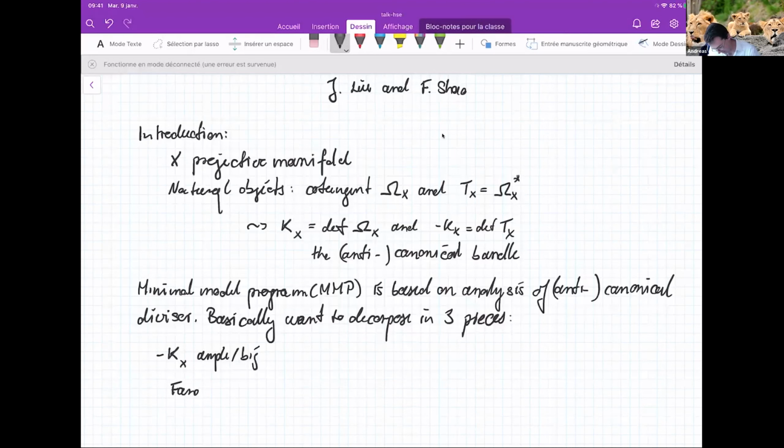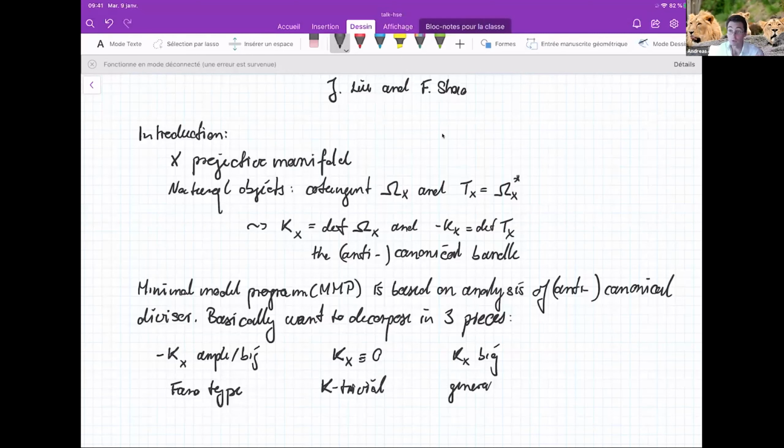Then you have the situation where K_X is numerically trivial. These are K-trivial varieties, and I will come back to this in a minute. And then there's the other part where K_X is big, where you have everything related to general type.